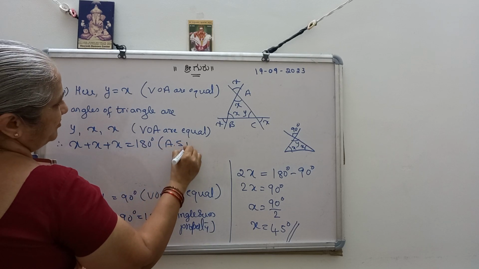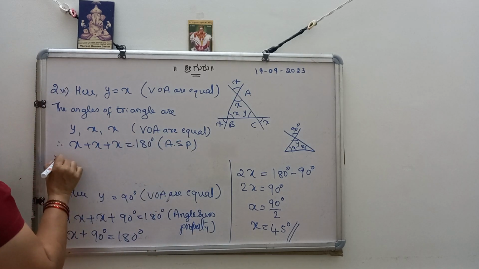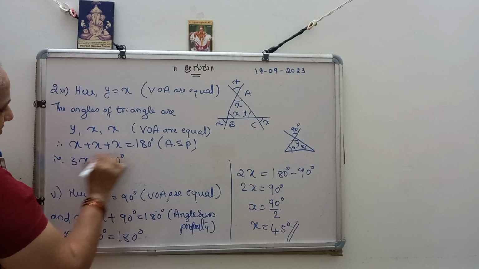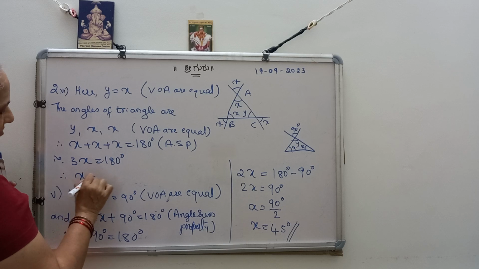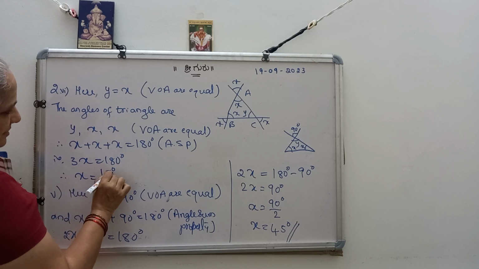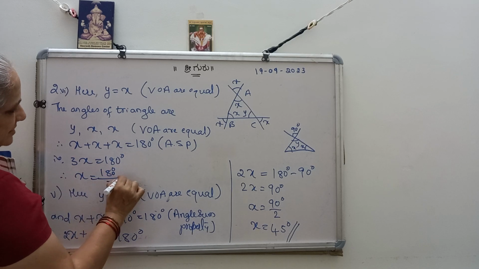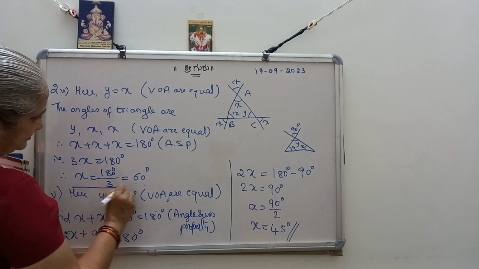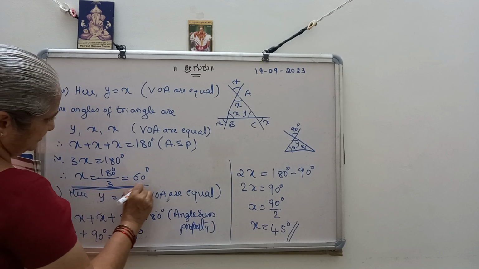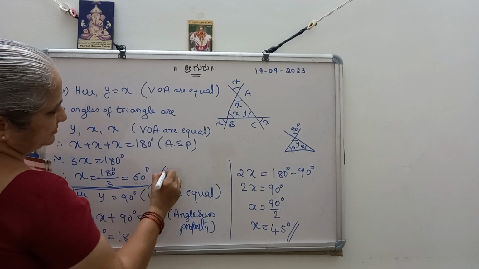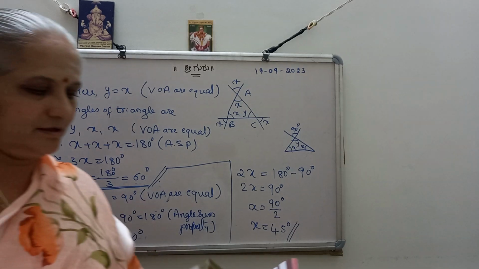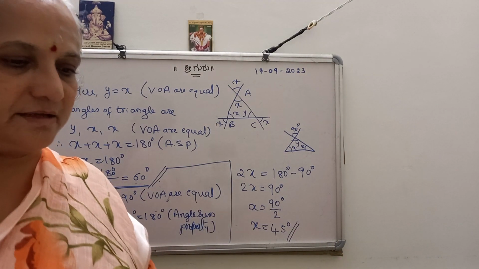Angle sum property. That is 3x is equal to 180 degrees. Therefore, x is equal to 180 upon 3. This is equal to 60 degrees. Okay, now we are done with the exercise.